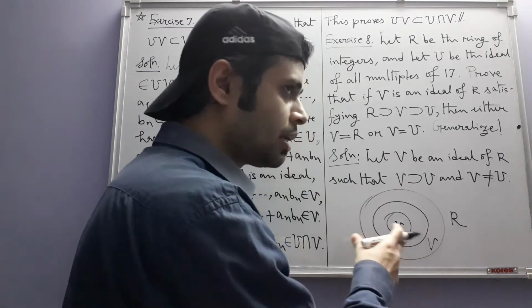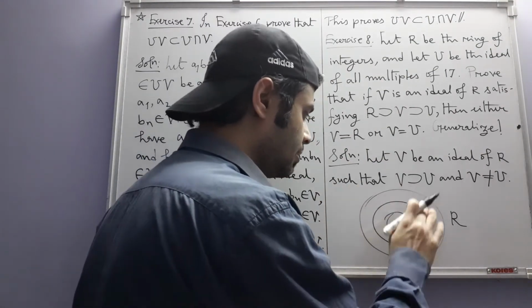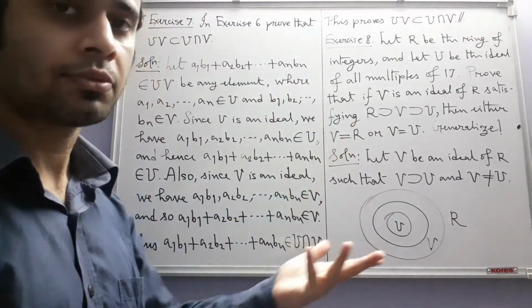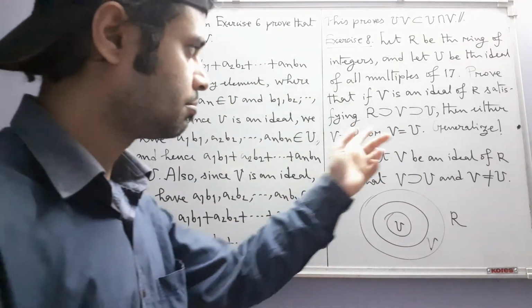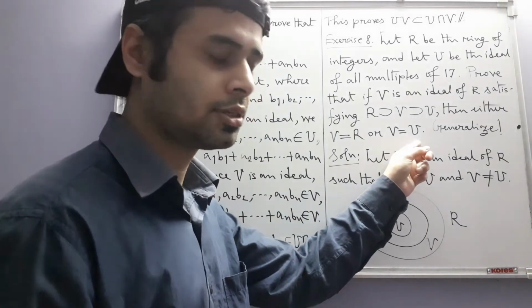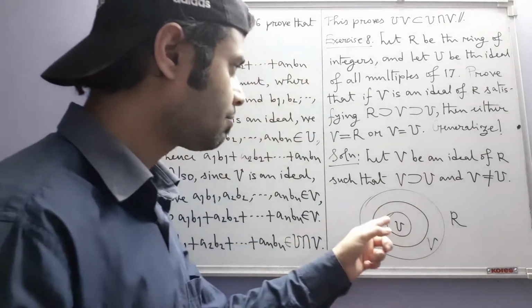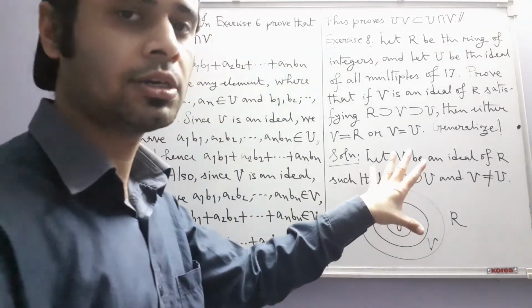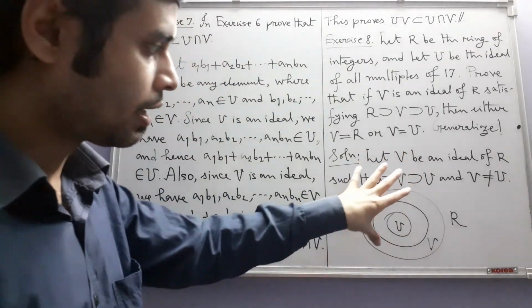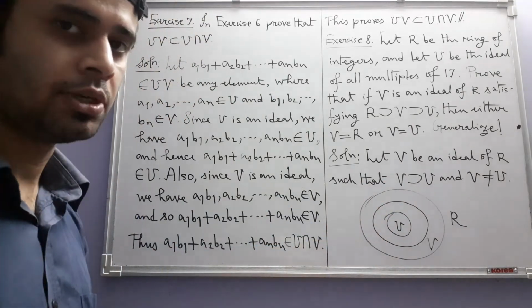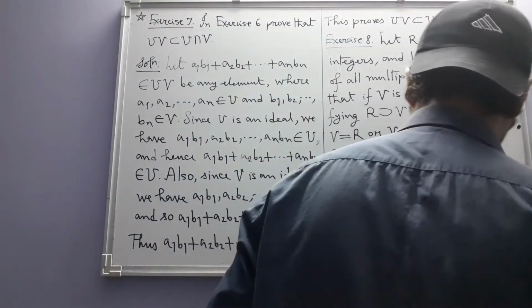Additionally, what we are now assuming is that V is not equal to U. If V is equal to U, then of course there is nothing to show, because that is one of the conclusions. But if V is not equal to U, then we have to show that V is actually equal to R, the whole ring. An ideal cannot sit properly in between U and R. That's what we have to show. Okay.